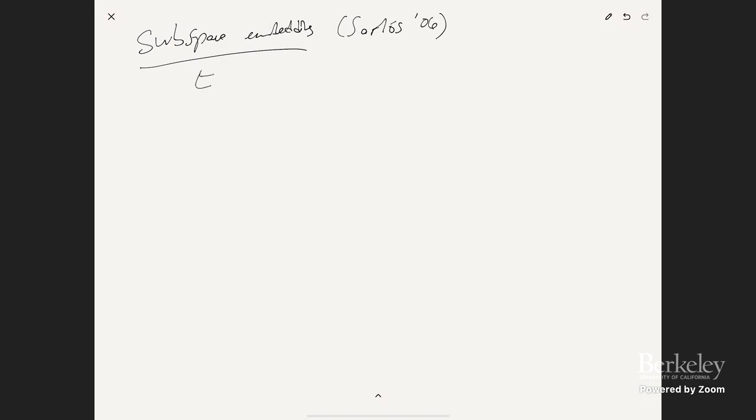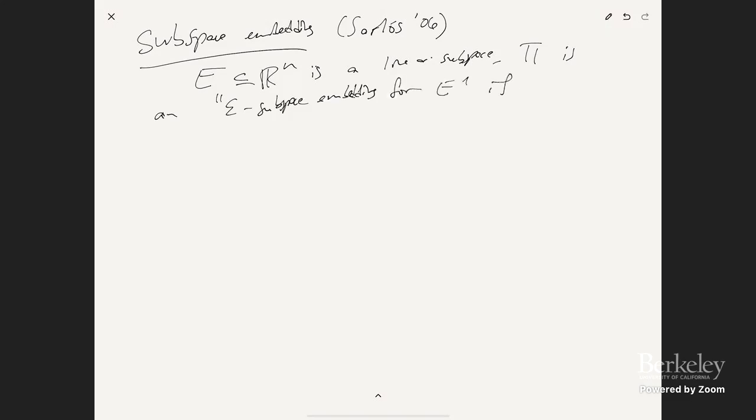Which is, if E is a linear subspace, then we say pi is an epsilon subspace embedding for E if for all x in E, the L2 norm squared of pi x is approximately the L2 norm squared of x.